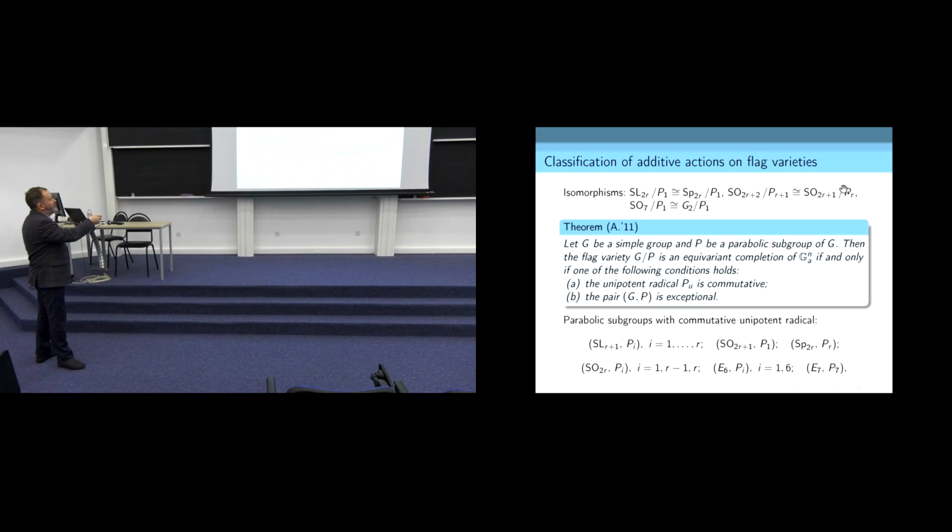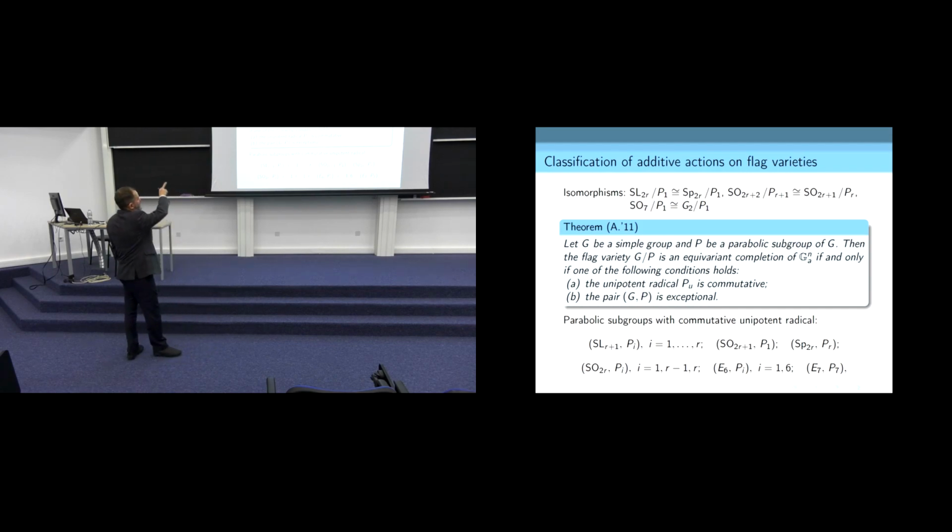In all these pairs, it turns out that for the bigger group, we have a commutative radical of a parabolic, and for the smaller group, we have a non-commutative radical of a parabolic. So these are the only exceptions when we have an additive action and the unipotent radical is non-commutative. By exceptional, I mean that this is a small part of this isomorphism list.